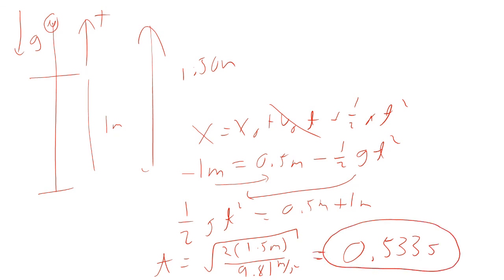So in none of these cases did it make any difference where you put the origin or what direction you made positive. You get the same answer every time. And that's the beauty of this, is you always get the same answers. And so you can put the origin anywhere you want. Say the direction's positive.